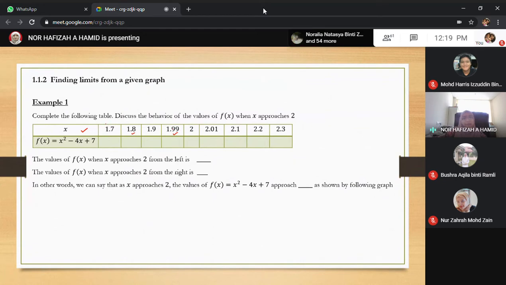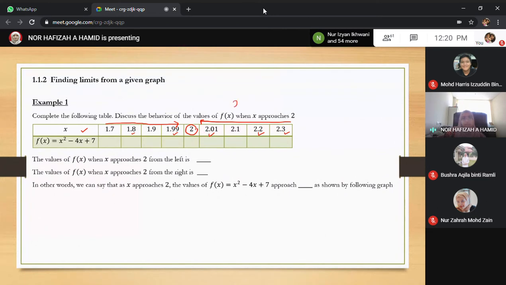So value of x, dia akan approaches to value of 2. This one we call approaches 2 from the left, or approaches 2 from the values less than 2. From the right pun sama, start with 2.3 and then move 2.2 until 2.01. So this is when value of x approaches 2 from the right, also from the values greater than 2.